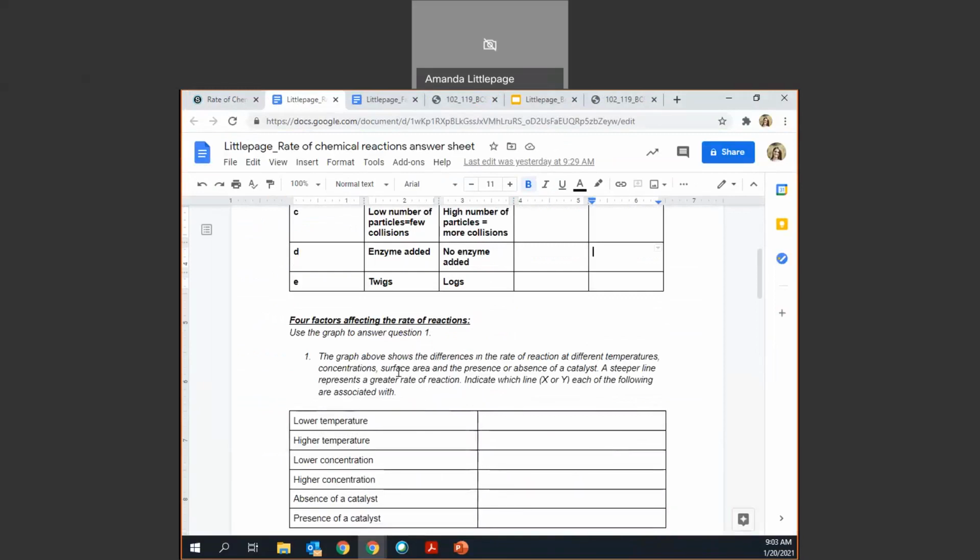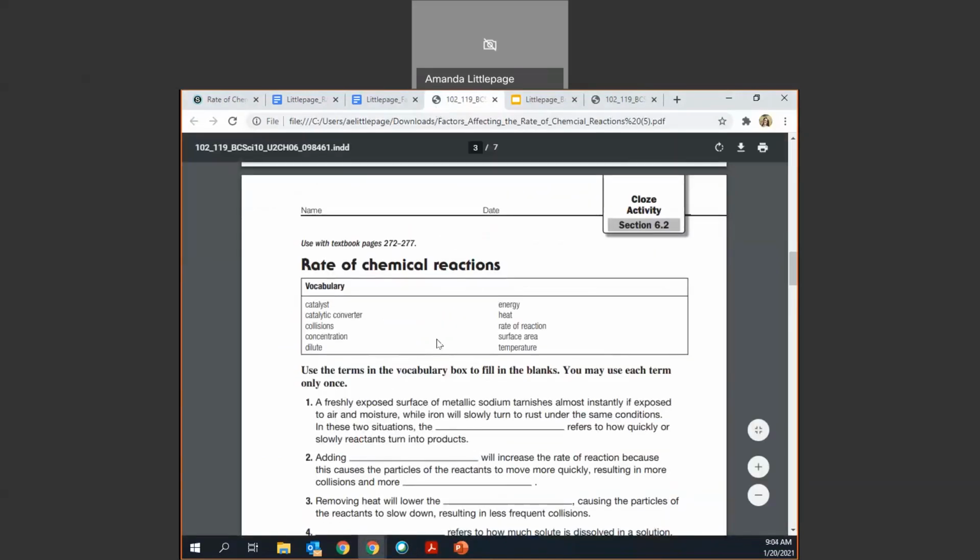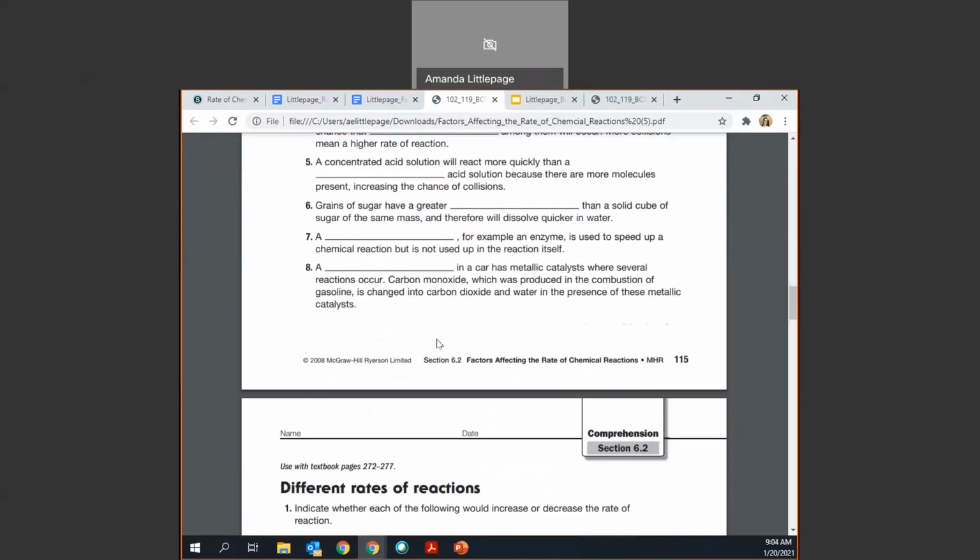Now, this one right here says, "the graph above. Use the graph to answer the question." The graph that corresponds to this question is embedded in the PDF that I showed you earlier in the week. The PDF for this assignment is in Schoology. So here's that PDF. Again, I attached it at the bottom of the page.